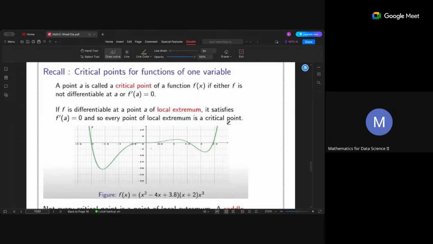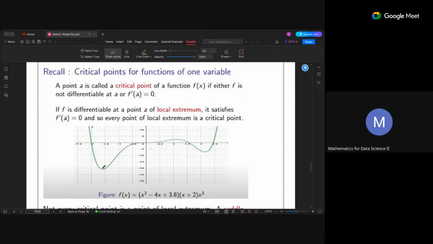Okay. So what does that mean? Let us consider this graph. For this graph, at which points do you think you will have f'(a) equal to 0? Where the local maxima and minima are.